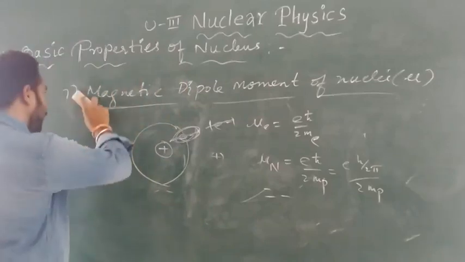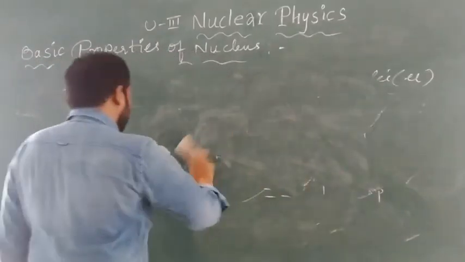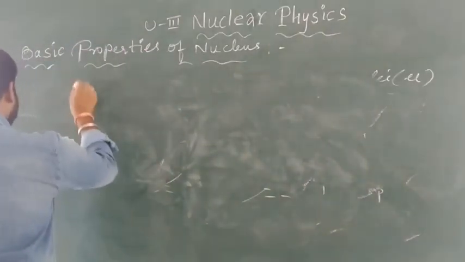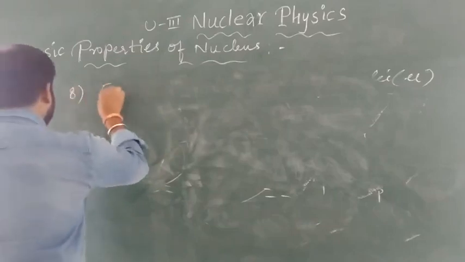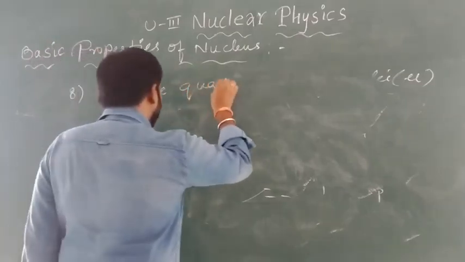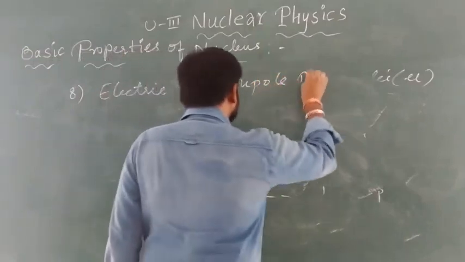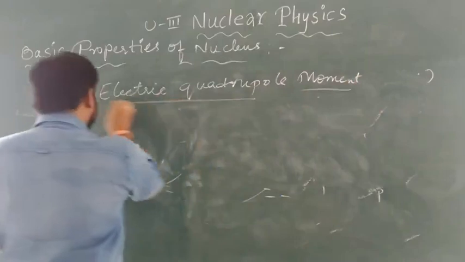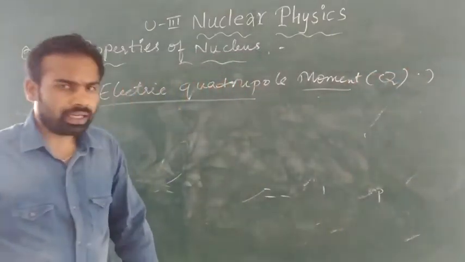Next and last one, we have the electric quadrupole moment. This is the last basic property. Nuclear shapes and the electric quadrupole moment. The electric quadrupole moment is represented by Q. Why is it electric?